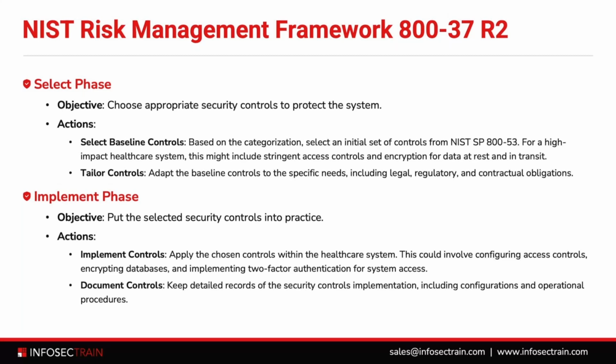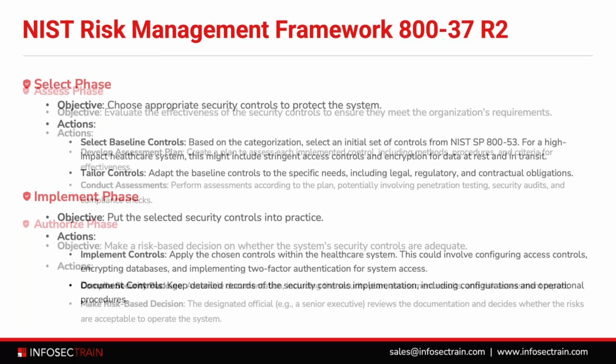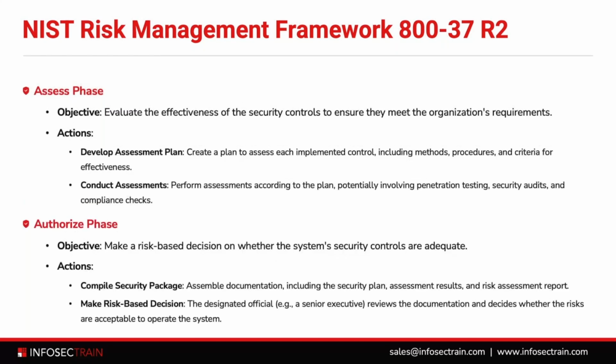Implementation: the controls which have been selected in the select phase need to be implemented and documented. So this is very straightforward. Once the controls get implemented, in the assess phase the effectiveness of these controls needs to be evaluated.